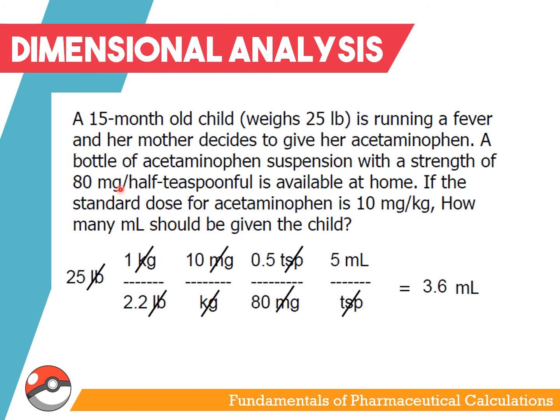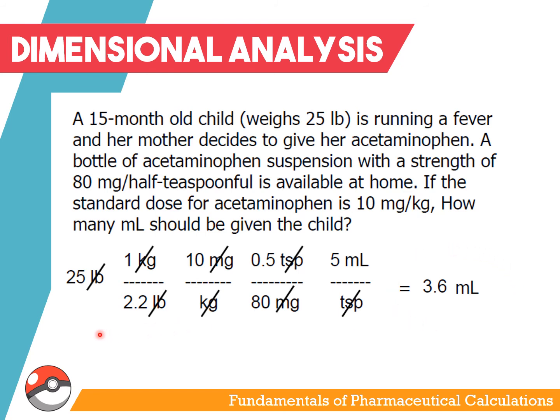So when we say half teaspoonful, that is 0.5 teaspoons. And since the required unit is ml, we should convert it to ml. Okay, so there is a long way to go, but we will arrive at 3.6 ml.